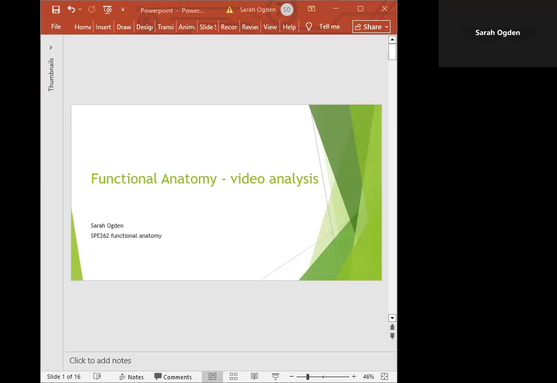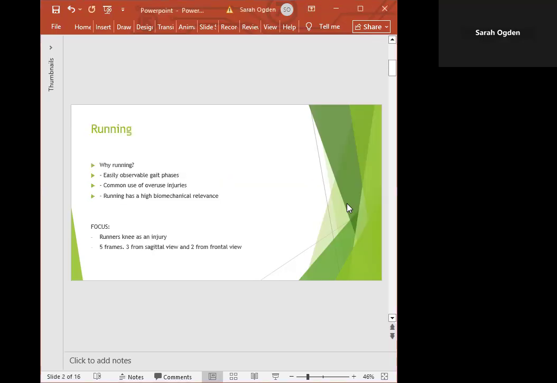They just go hand in hand. I've chosen running because it's not only a foundational movement in sport and exercise, but it also presents clear, observable phases of motion that allow for detailed mechanical analysis.